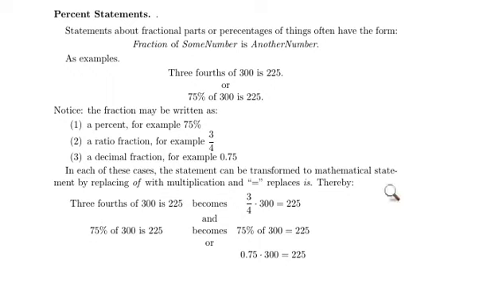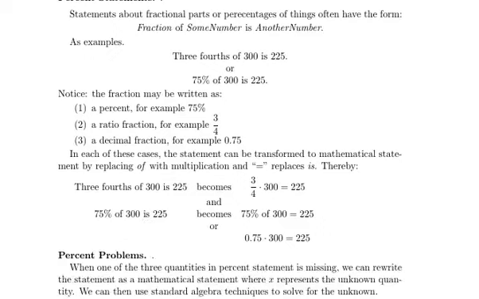That's the statement that 75% of 300 is 225. So when we have one of these statements where a fraction of some number is another number, if any one of those three parts are missing, we end up with an equation that we could solve.